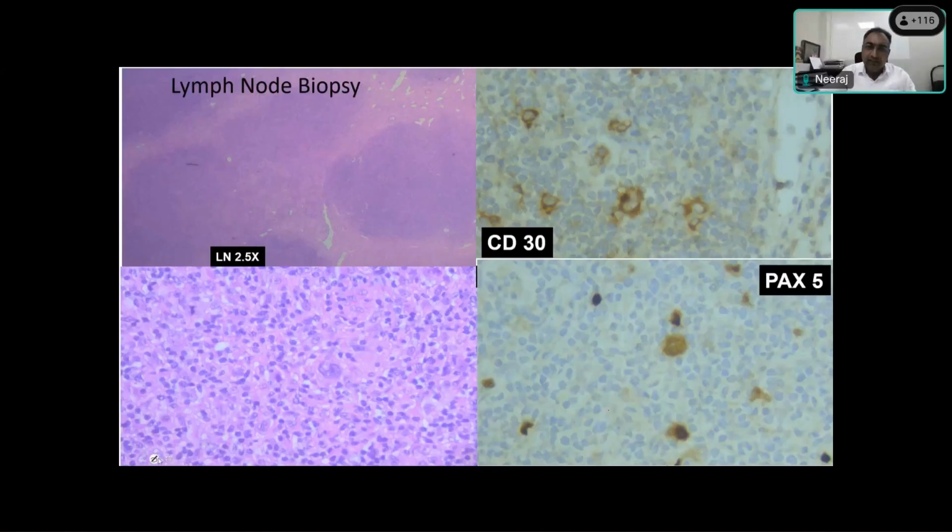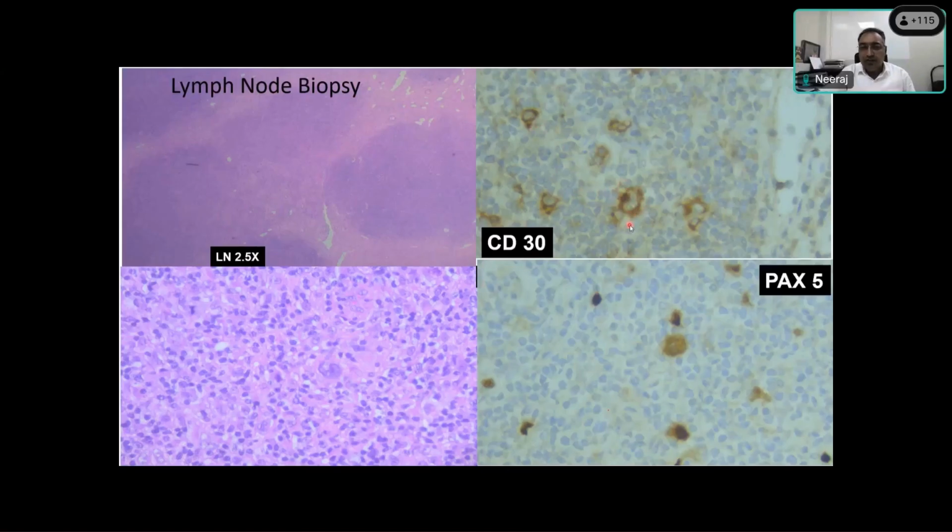So whenever we are suspecting Hodgkin lymphoma, the primary panel we tend to include is CD20 and CD30. And when we did those markers, we see that there is CD30 positivity and a very typical Golgi and membranous positivity in these large cells.